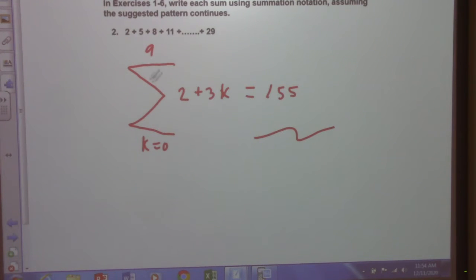Going through here, here's the setup for problem 2, where we have our common difference. So d is going to be equal to 3, and our a sub 1 is equal to 2. If this is term 0 here, by counting, if you take 29 minus 2 and divide that by your common difference, you get 27 divided by 3, which is 9.